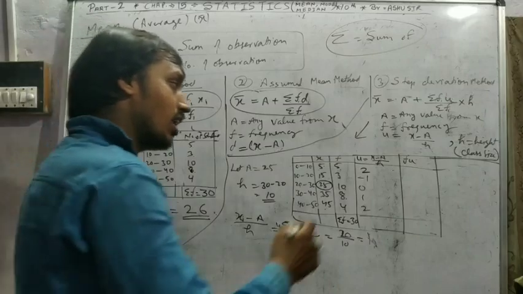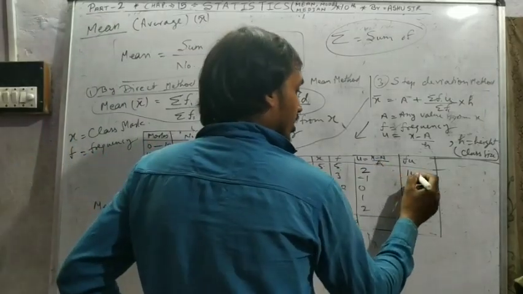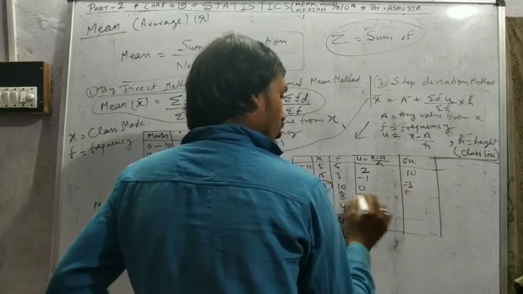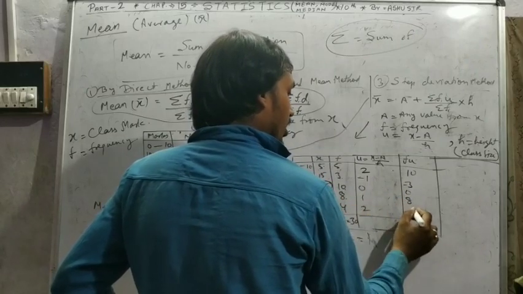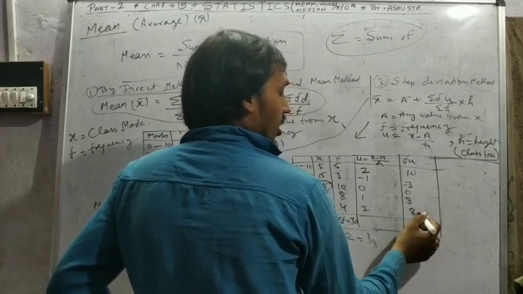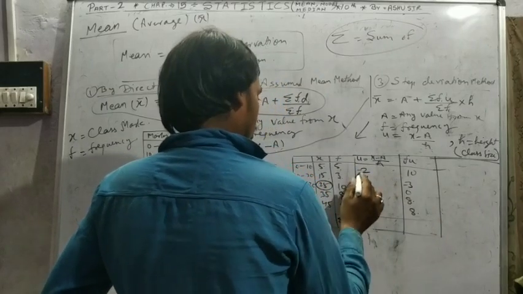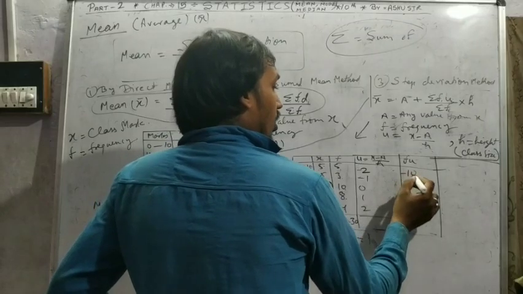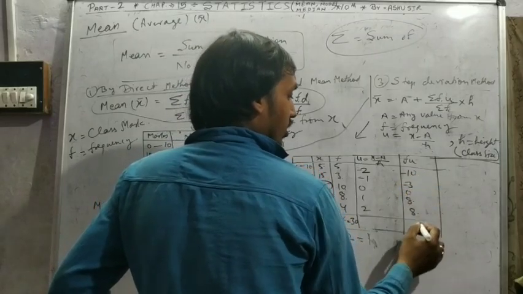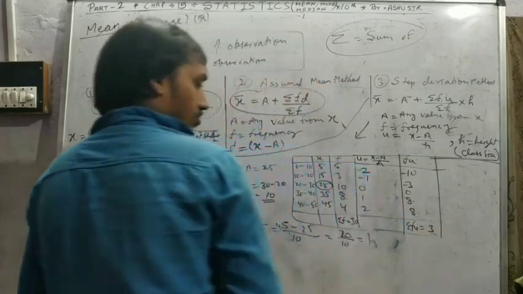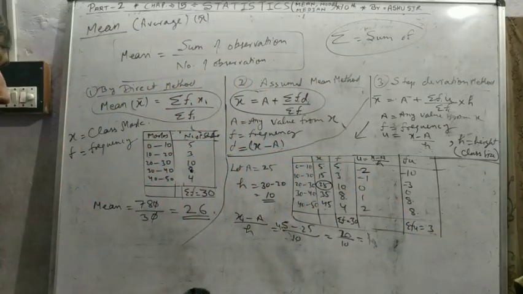Then you find fu: 5 times minus 2 is minus 10, 3 times minus 1 is minus 3, 0, 8, and 4 times 2 is 8. 8 and 8 is 16. Sorry, that is a minus 2. 16 minus 13, sigma fu is equal to 3. Then put all the values in the formula.